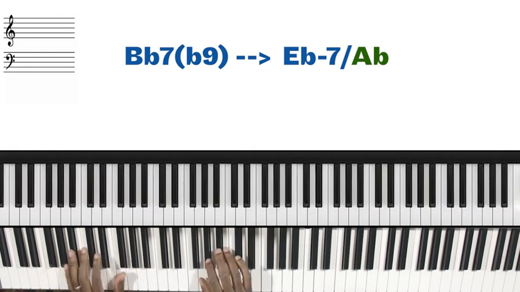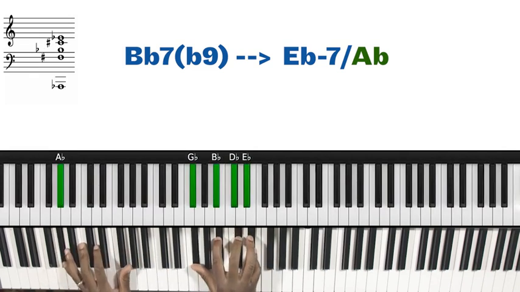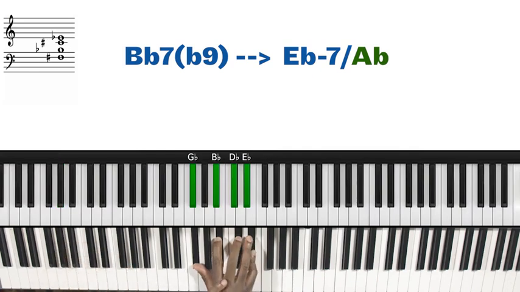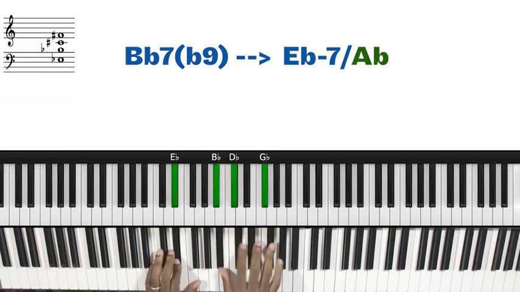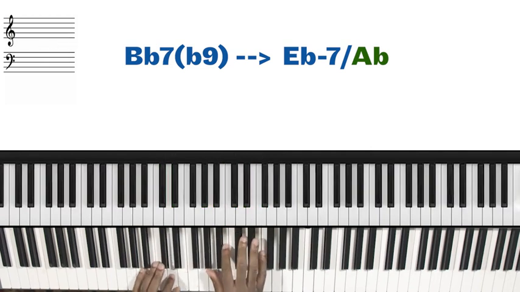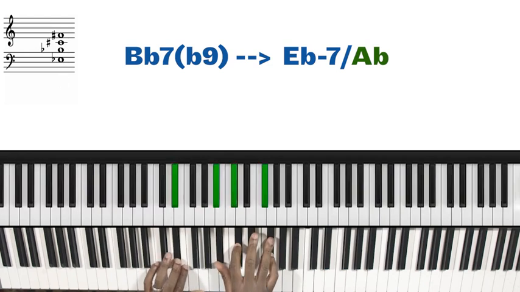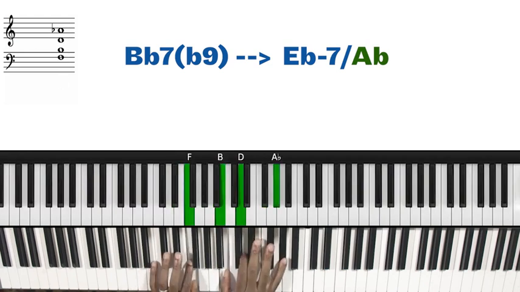Because now I'm breaking down the A flat 7 sus 4 to just an E flat minor 7 harmony. So I'm going E flat minor 7, B flat 7, E flat minor 7, just inverting.